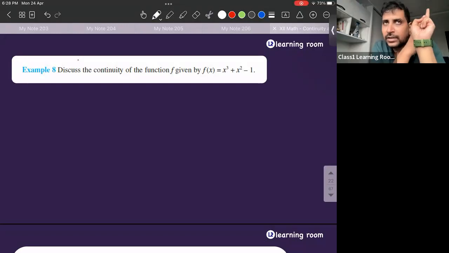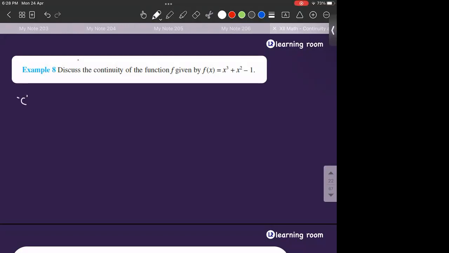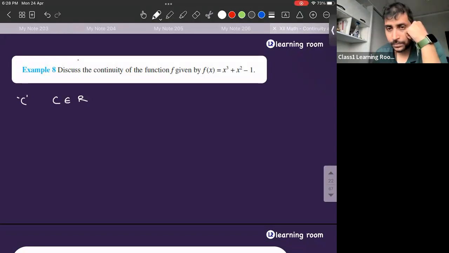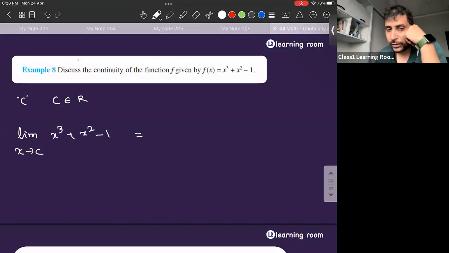So consider some number C, where that C belongs to the domain. Limit x tends to C of x cube plus x square minus 1 is going to give us C cube plus C square minus 1. Am I right? Yes, sir.